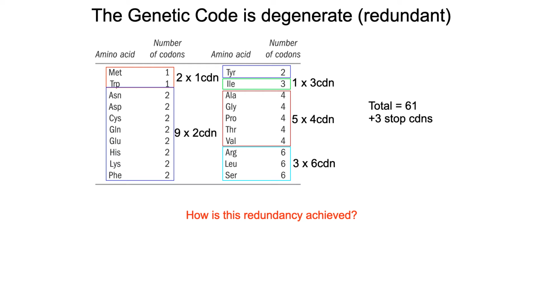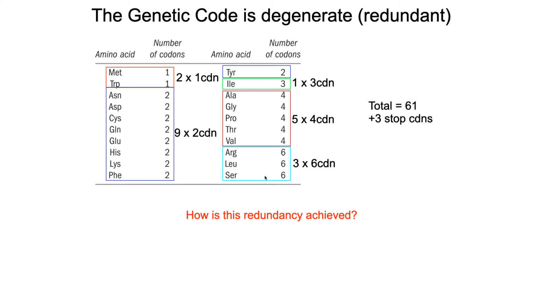Now, we have already mentioned that there are 41 extra codons that aren't necessary. What happens to those extra codons is they're just assigned to different amino acids, such that some amino acids are encoded by not just one codon, but up to 6 codons.